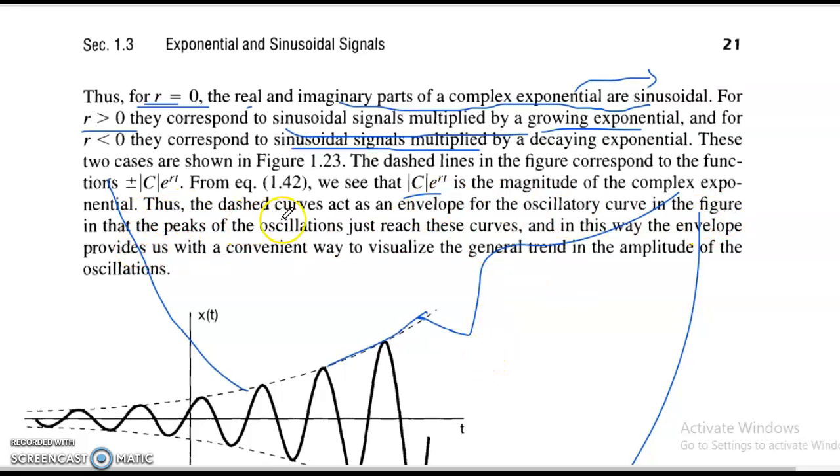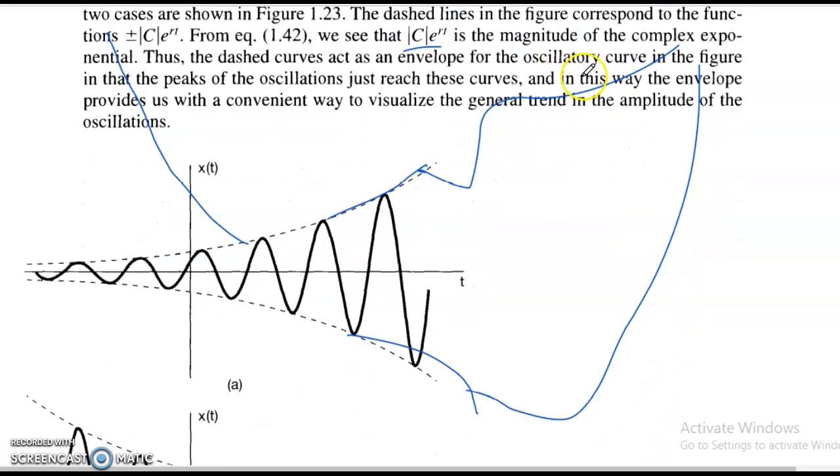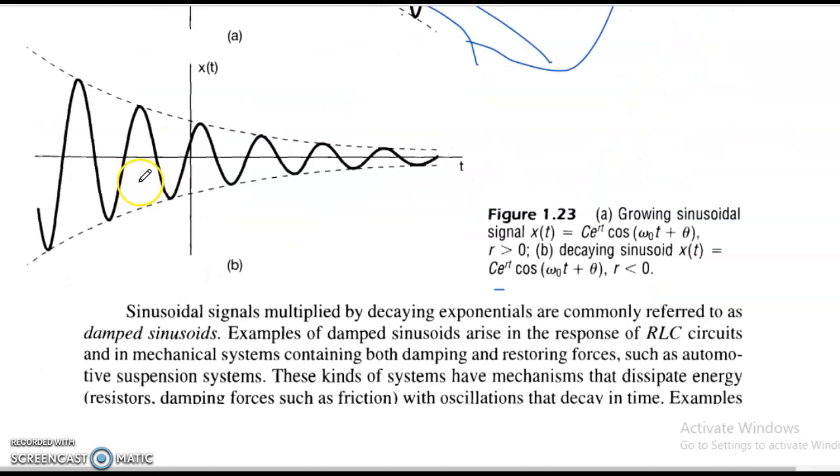Thus, the dashed curves act as an envelope for the oscillating curve. In the figure, the peak oscillations just reach the curves, and in this way the envelope provides a convenient way to visualize the general trend of the amplitude of the oscillations.